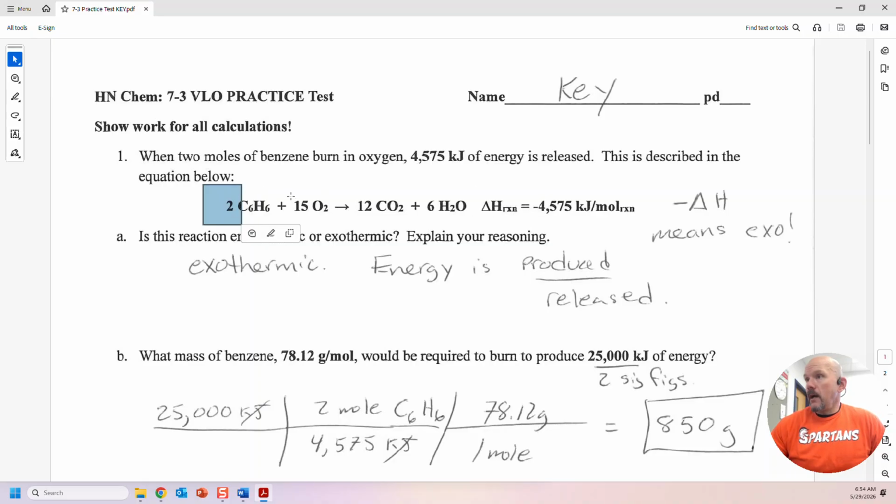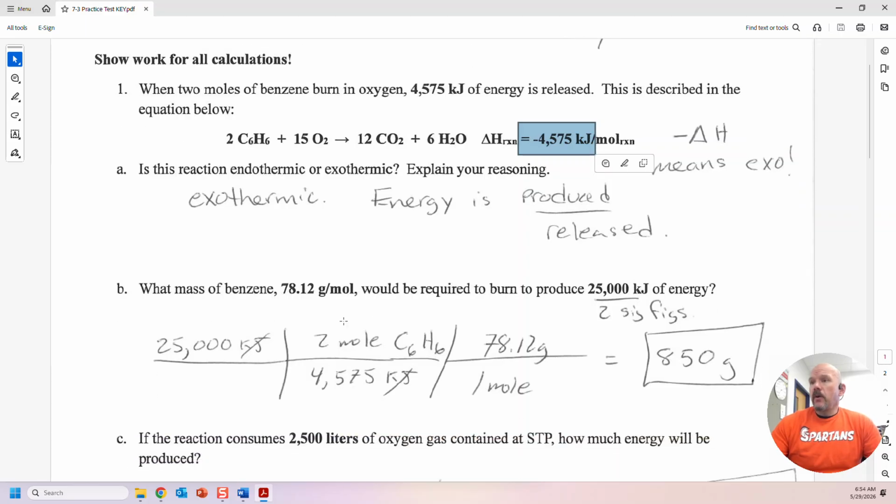And we could use the coefficients of everything else in the equation with this delta H value and do any type of stoichiometry we want. So really, the delta H of a reaction can be our conversion from moles of something that's a part of the reaction to total energy, or total energy to moles. Okay. And so that's what we have to do in part B.